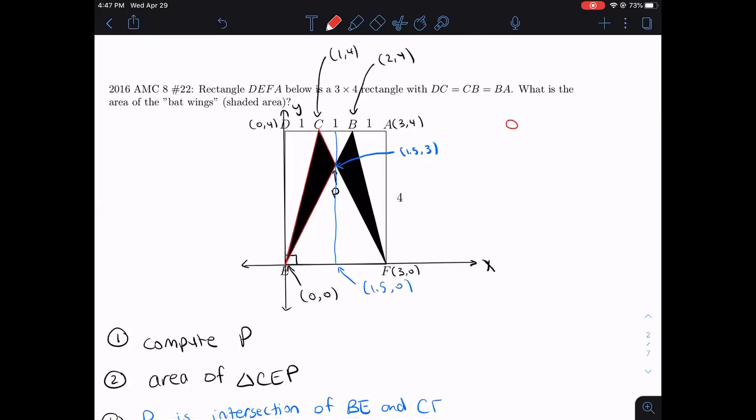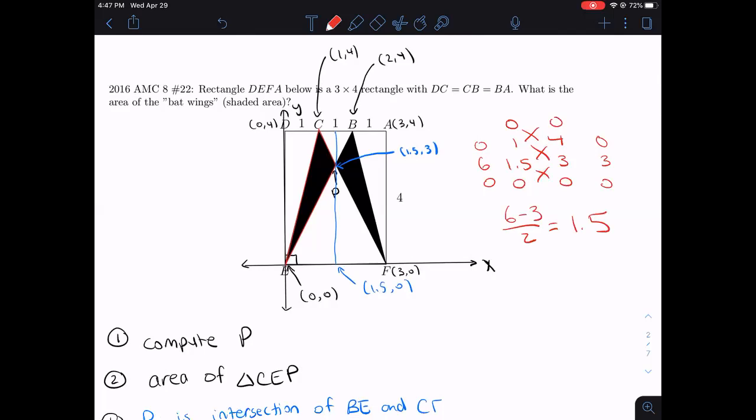Okay, so the three coordinates are 0, 0, 1, 4, and 1.5, 3. So let's write 0, 0 again in the end, and draw the shoelaces. So this multiplies to 0, this is 3, this is 0, this is 0, this is 6, this is 0. So now let's subtract them and divide by 2.